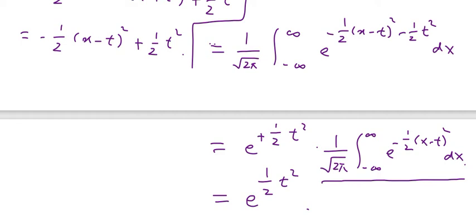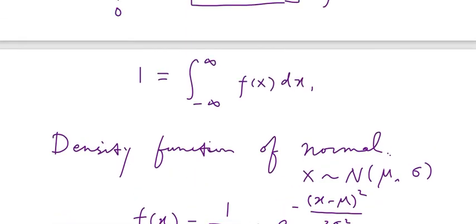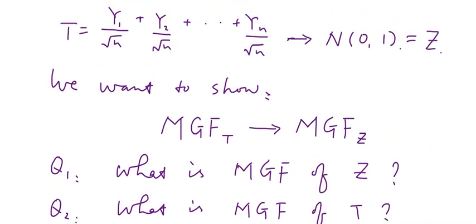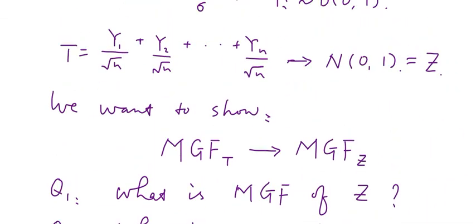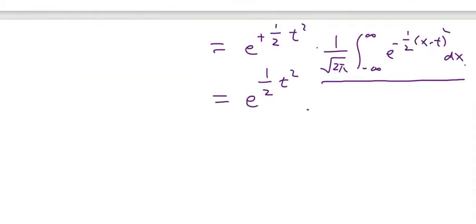Okay, so now what is the moment generating function for T? Let's go back. What is T? T is y1 over root n plus y2 over root n, plus, up to yn. So what is the moment generating function for T?